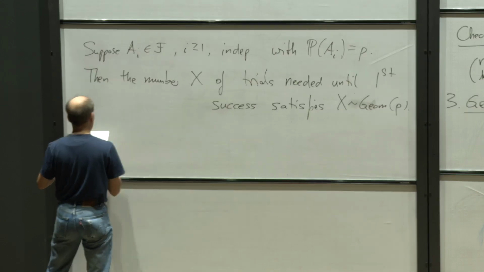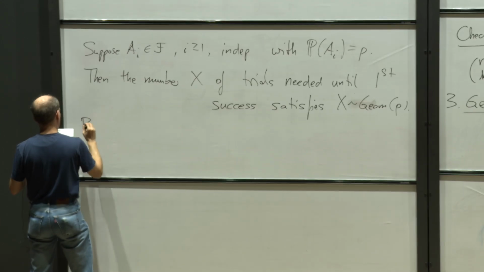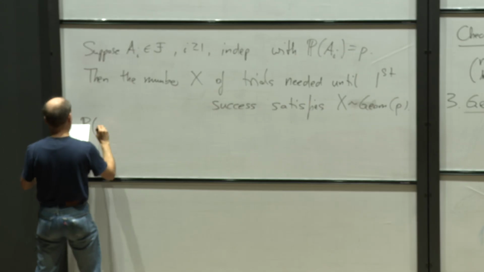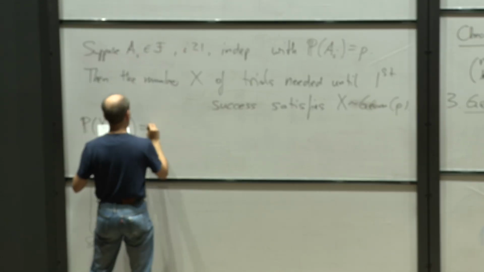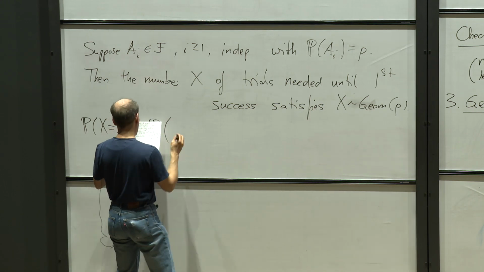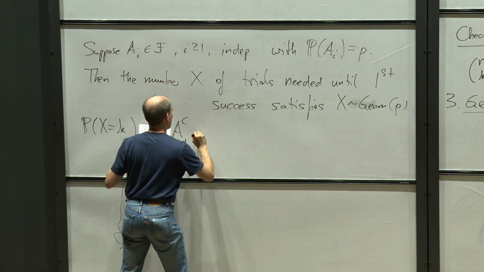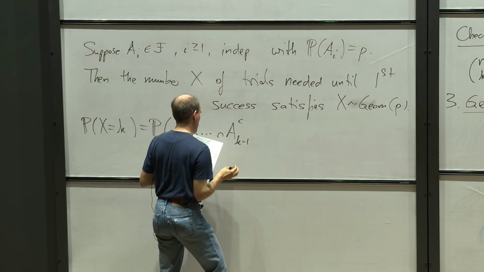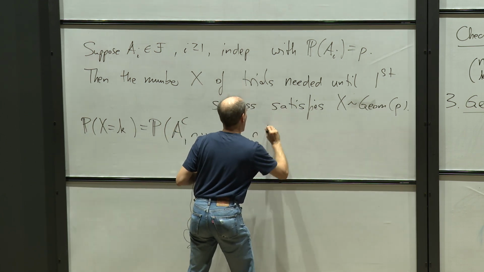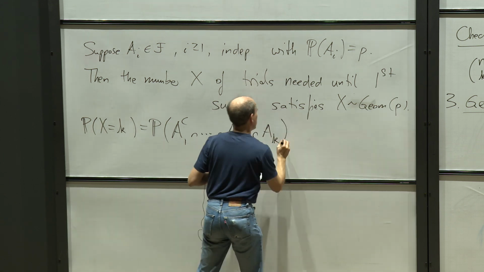Okay, and the check is simpler here. If you work out the probability of x equal to k, there is now only one way in which you can require k trials until you see a success, because the first k minus 1 trials have to be failures, so events Ai complement happen, and the kth one has to be a success.